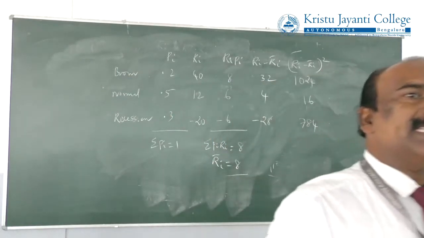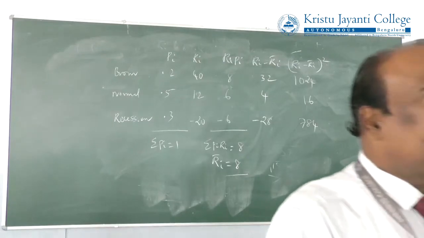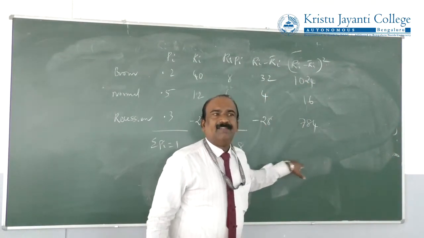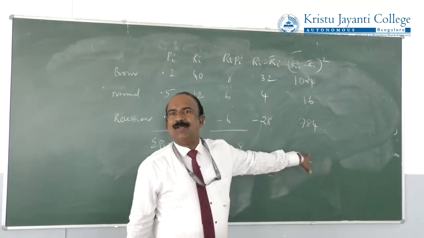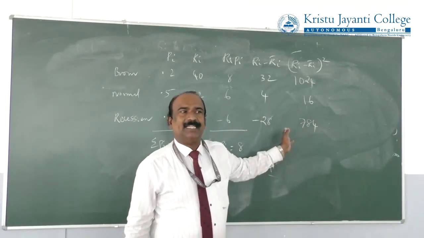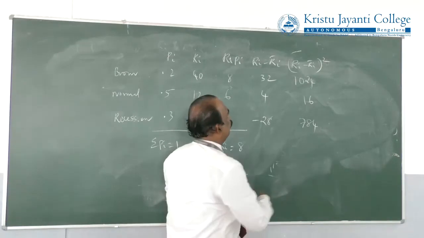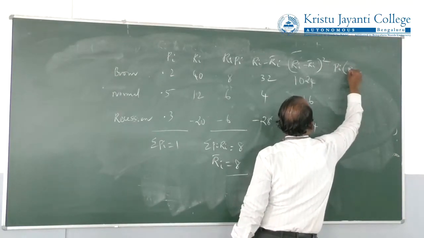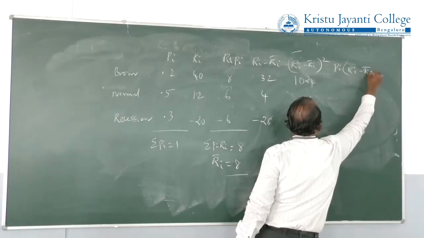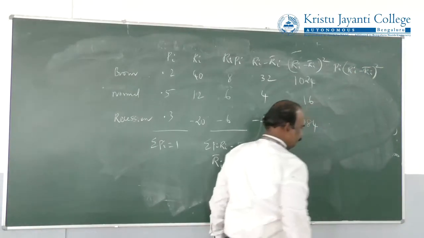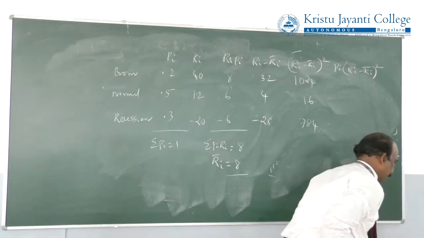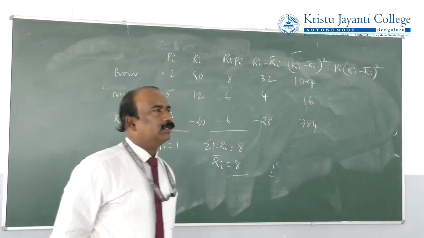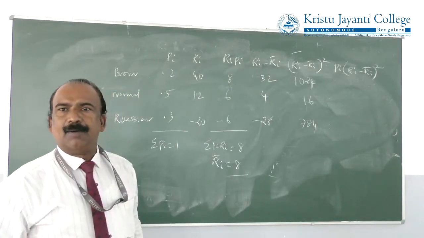Now, in the previous case, what did we do? You summed it up and divided by n minus 1, in the actual return case. But here you have to multiply with Pi: Pi into Ri minus R bar, whole square.